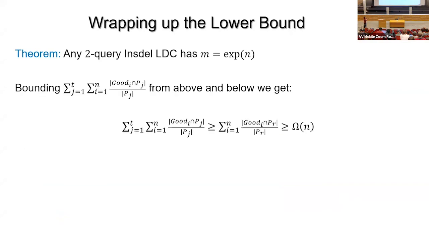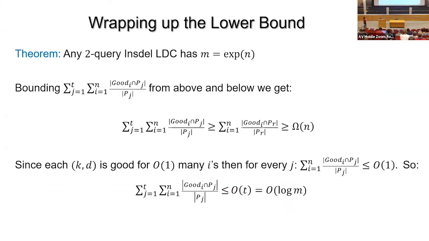And from here on, one only needs to upper bound a quantity like this, a double summation, from below and from above. From below, because for every I there exists such region R, we get an omega n lower bound here.